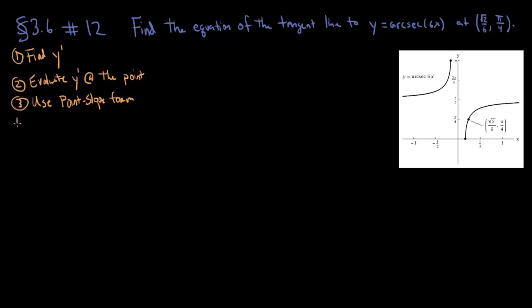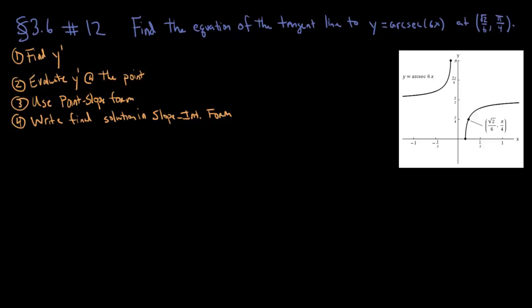Oh, actually I should say it's a 4-step process, because we're usually going to write the final solution in slope-intercept form. So about 4 steps there. These are the same 4 steps we have been using all of chapter 3 since we started talking about derivatives.